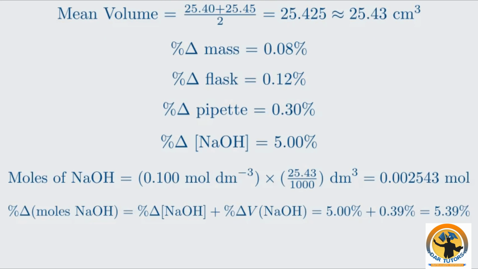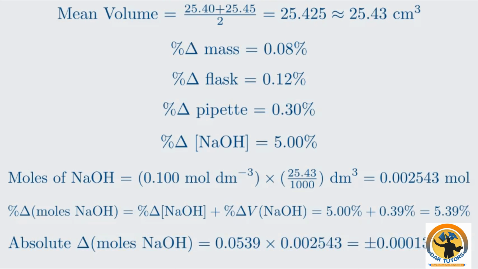The percentage uncertainty for the NaOH volume is 0.1 divided by 25.43 times 100, which is 0.39%. The total percentage uncertainty in the moles of NaOH is 5.0% plus 0.39%, totaling 5.39%. We then convert this back to an absolute uncertainty.